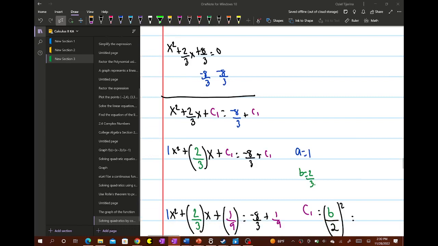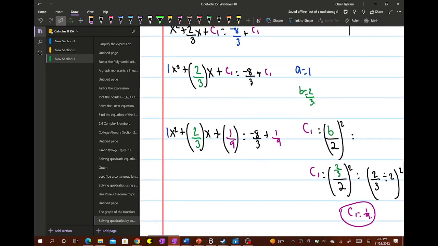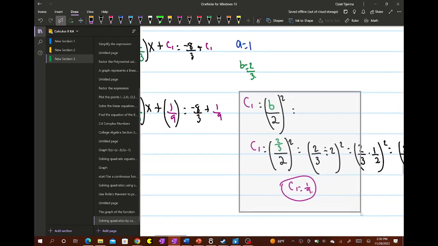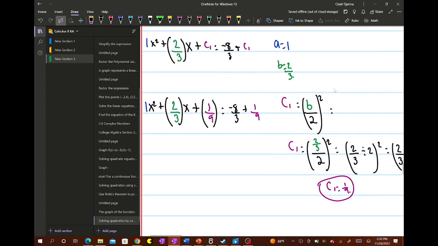Then I relabeled my A, B, and C. Obviously we only have A and B here. So A is 1 and B is 2/3, right? So I put them right over here. I used this formula, and this is a very important formula to find the third term of the quadratic. It is C1, or C, equals B over 2, quantity squared.